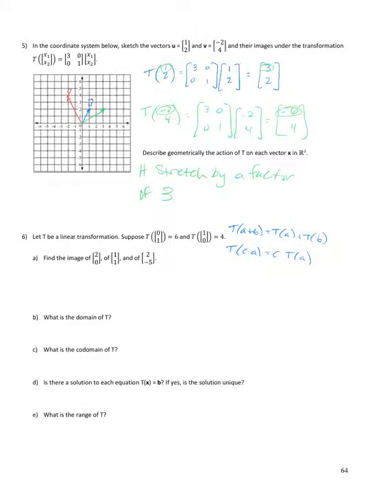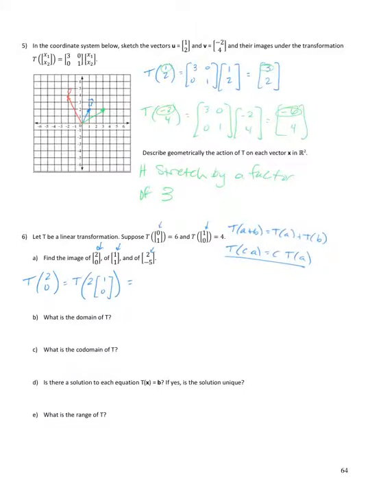So I'm going to use that and the ability to build each of these vectors as a linear combination of these two. So 2, 0, T of 2, 0, that's T of 2 times 1, 0.